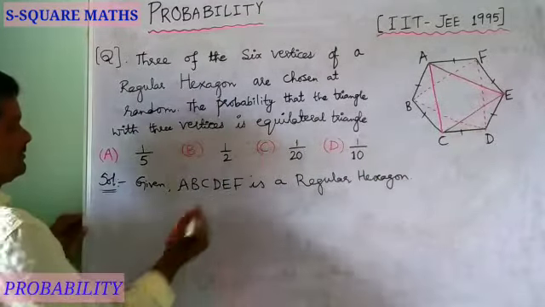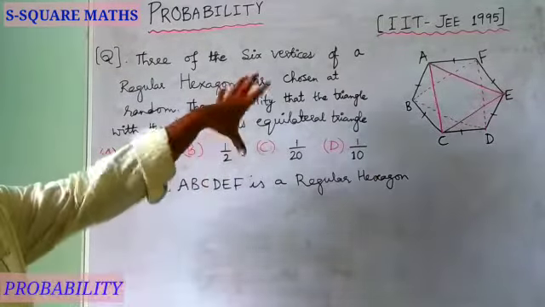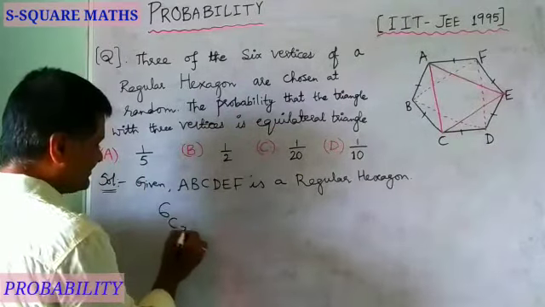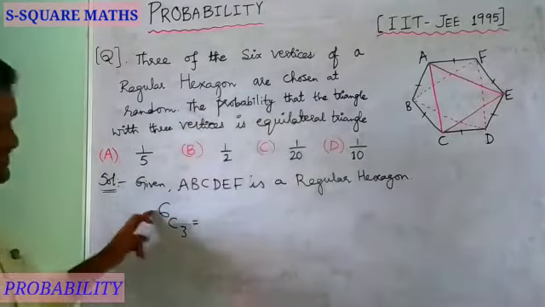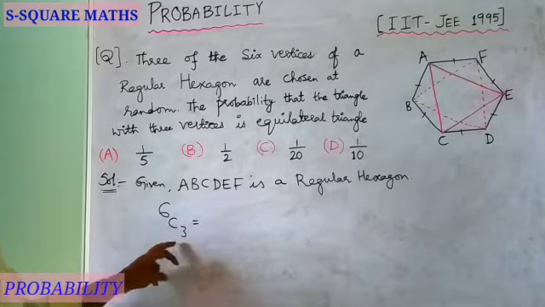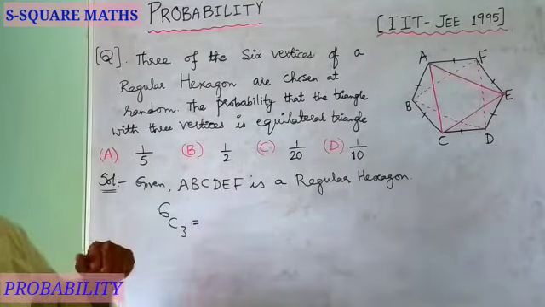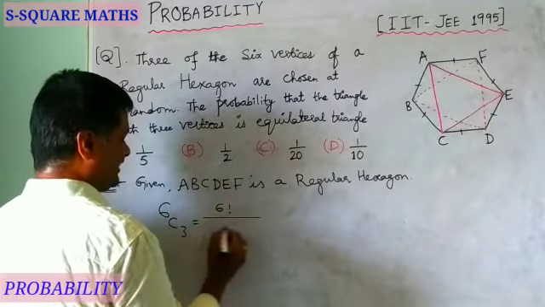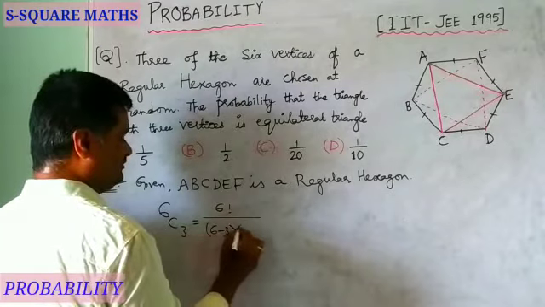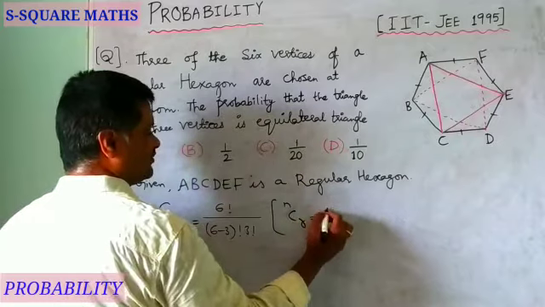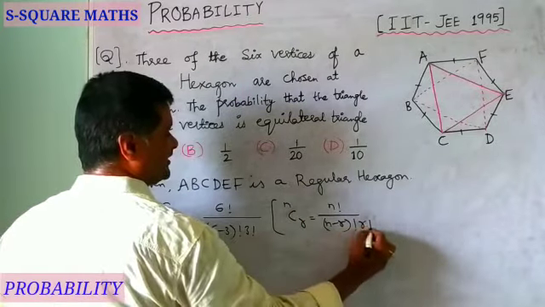The number of triangles formed with the vertices of the hexagon is given by 6C3. 6 stands for the number of vertices of the hexagon and 3 stands for the number of vertices of the triangle. So here it is given by 6 factorial by (6 minus 3) factorial into 3 factorial, since nCr is equal to n factorial by (n minus r) factorial into r factorial.